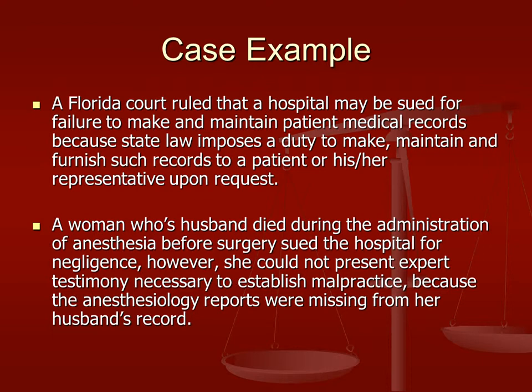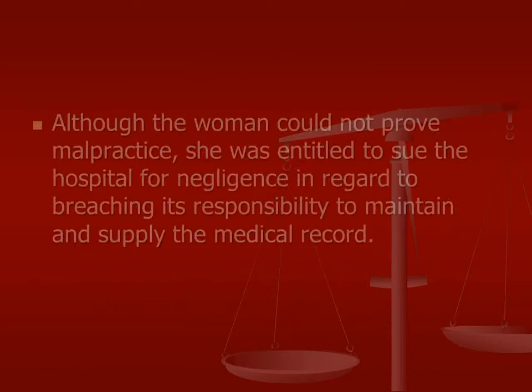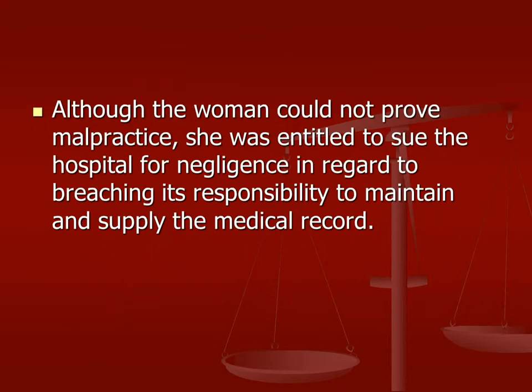Nobody could find them. They were lost. And so in this particular case, it fell back on the law, not in regard to malpractice, but that the hospital was bound to keep records by law, maintain them, and give her, or it should be her husband, but she was his legal representative after he passed away, copies or access to those records, and they couldn't do that.